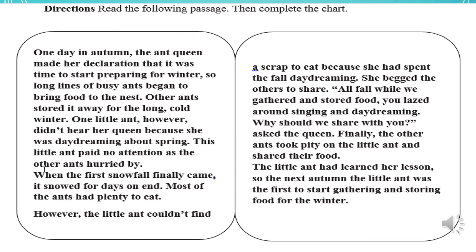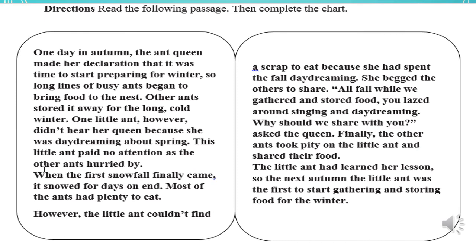When the first snowfall finally came, it snowed for days on end. Most of the ants had plenty to eat. However, the little ant couldn't find a scrap to eat because she had spent the full day dreaming. She begged the others to share. "All fall while we gathered and stored food, you lazed around singing and daydreaming.